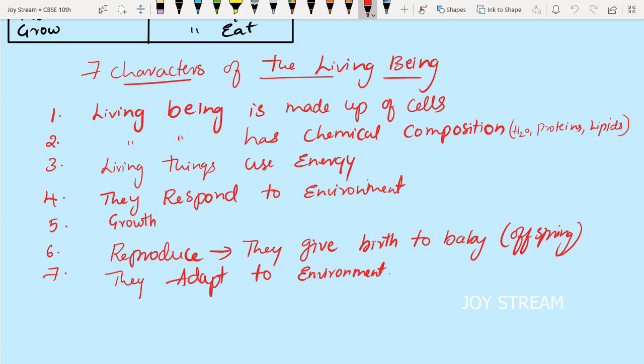Next, they respond to the environment. We as living beings respond to the environment. Then we show growth. A living thing shows growth. Initially you are a small baby, or let us see, you have a seed, you have sown it in the soil, then you watered it.